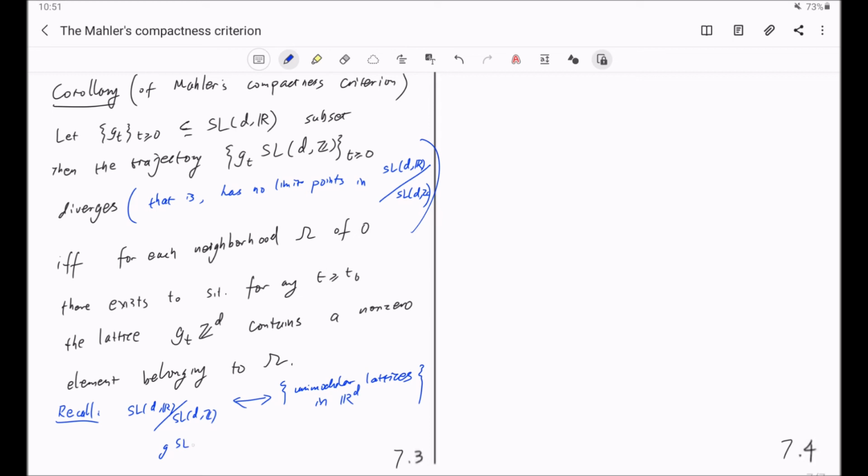So this left coset g SL_d(Z) is naturally identified with g times Z^d, the standard unimodular lattice in R^d.